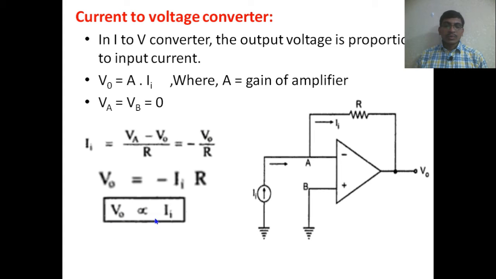Output voltage is proportional to the input current II. So we can say this circuit is working like a current to voltage converter.